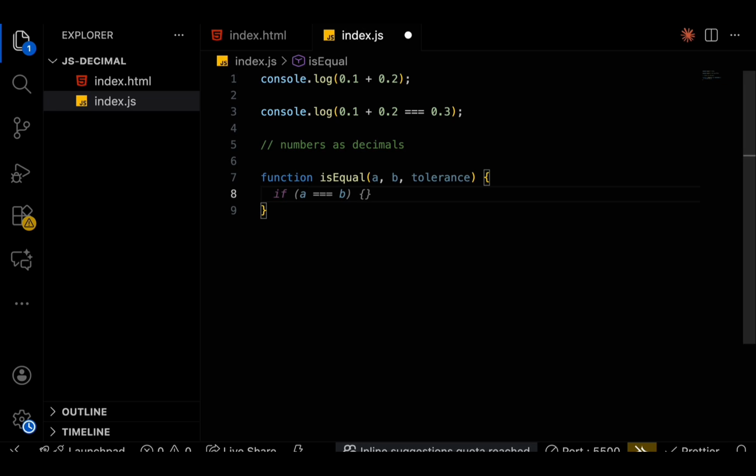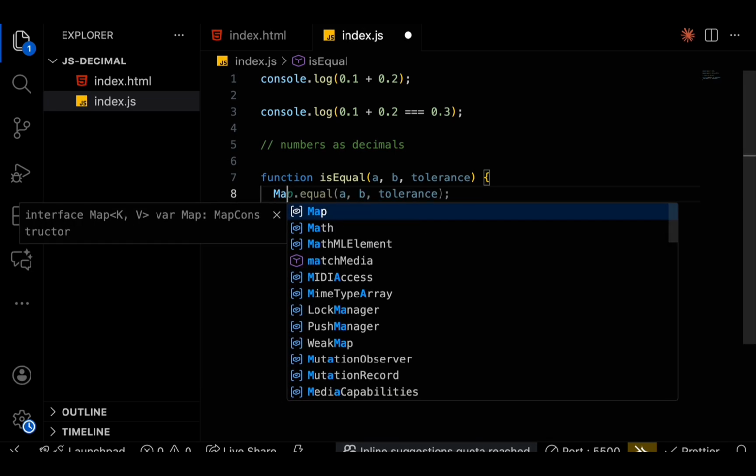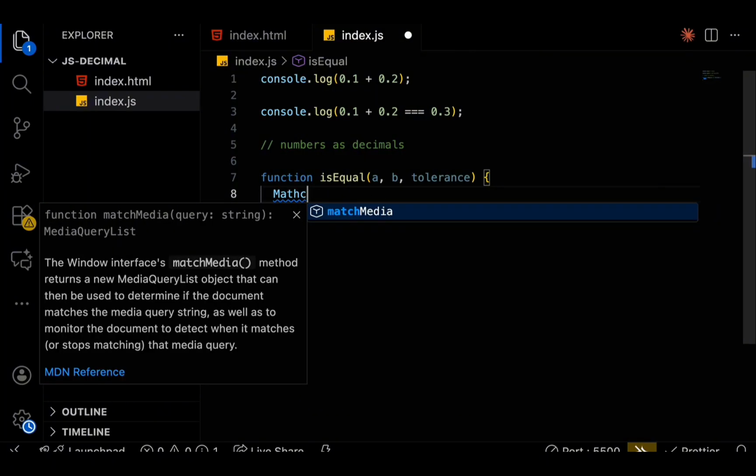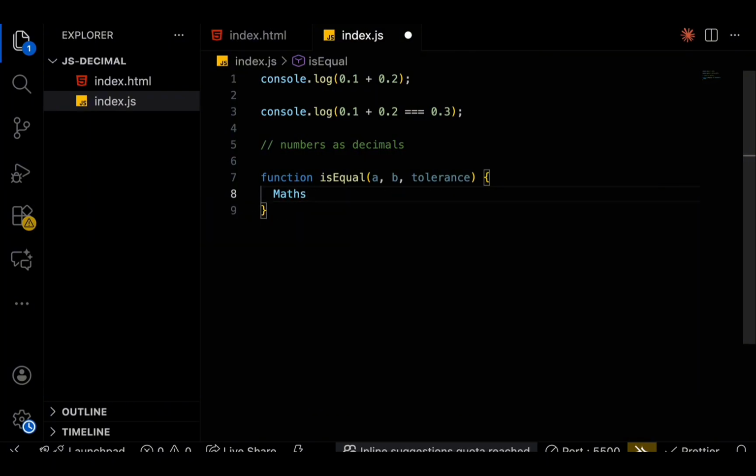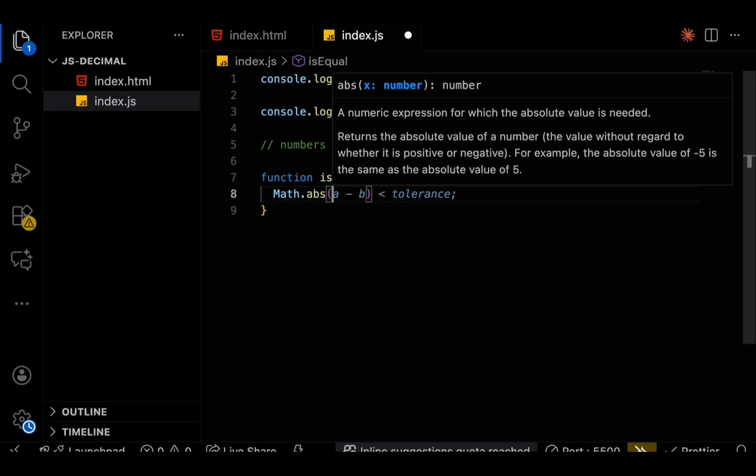So you can say something like Math.abs. What Math.abs does is that it gives us the absolute number, either the positive or negative, right? So if we have -5 as a response, 5 becomes the absolute number.